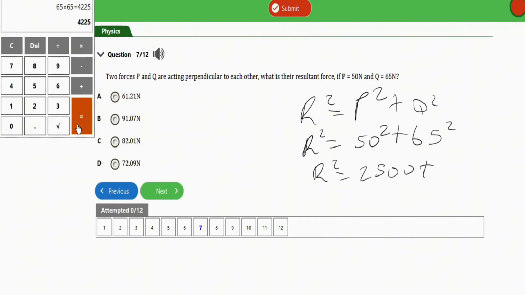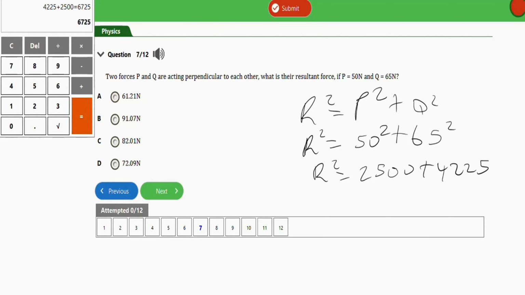This will give us 4225. Now what we're going to do will be to sum them, 4225 plus 2500.